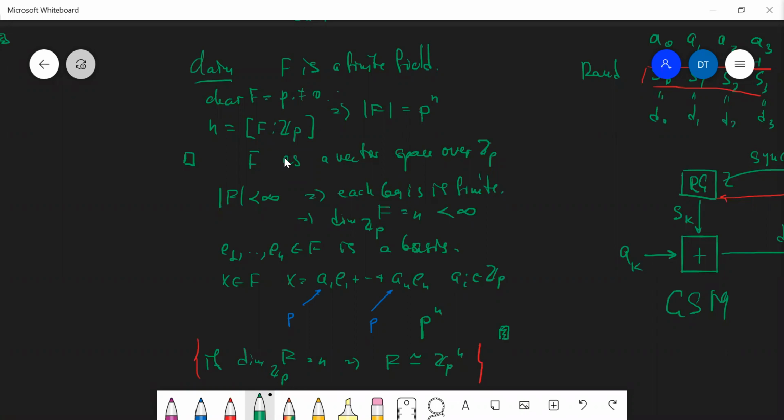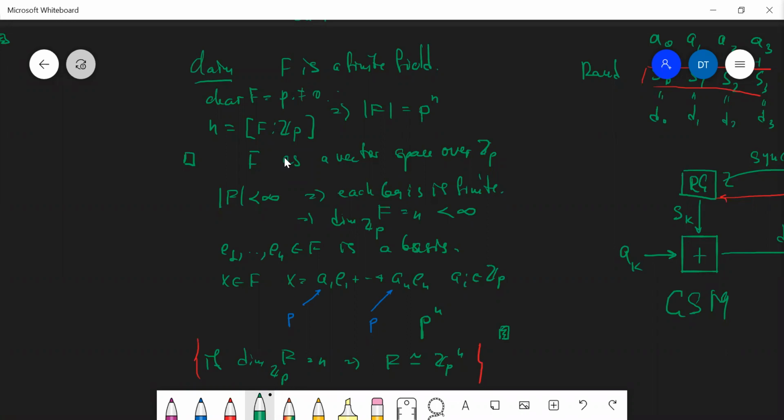But with respect to multiplication it is not a group, because your elements are not necessarily invertible with respect to multiplication. And the zero element is never invertible with respect to multiplication.